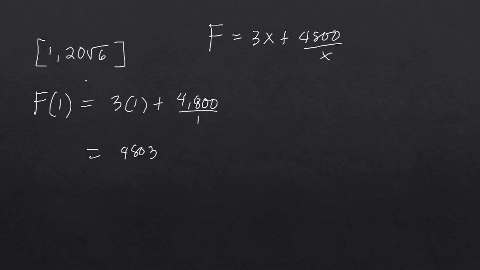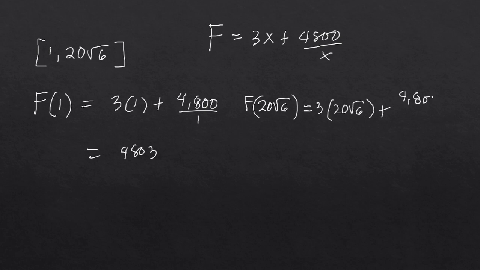And if we consider the other number, 20 square root of 6, we will be substituting that in the x. You will have 3 times 20 square root of 6 plus 4,800 all over 20 square root of 6. That would give us 100 square root of 6.